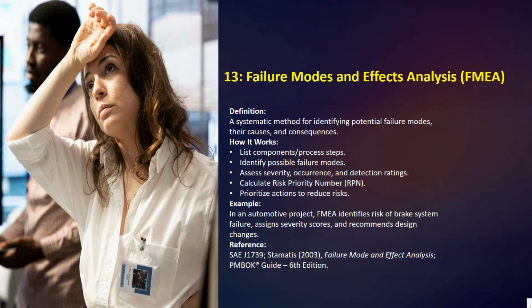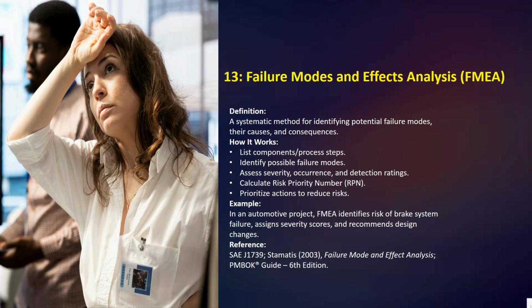So here we have the definition: a systematic method for identifying the potential failure modes, their causes and consequences. So how it works: list the components, then identify possible failure modes, then assess the severity, occurrence, and detection ratings, then calculate the risk priority, then prioritize action to reduce risk.